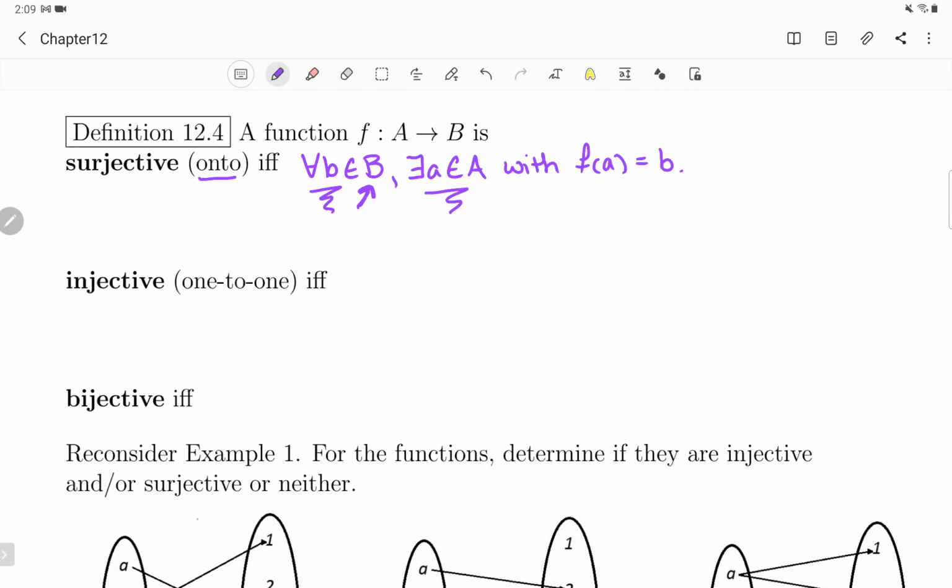You see that? Take anything from the codomain, there's something that gets sent to it. So onto, surjective, you could think of it this way: codomain equals the range. You could think of it as the whole codomain is used, same thing.